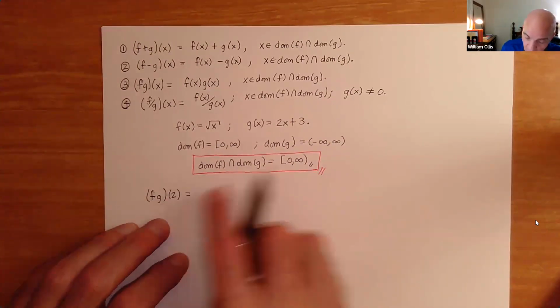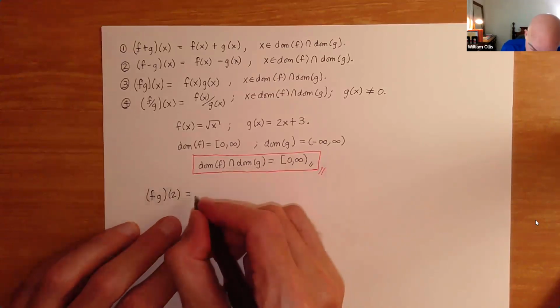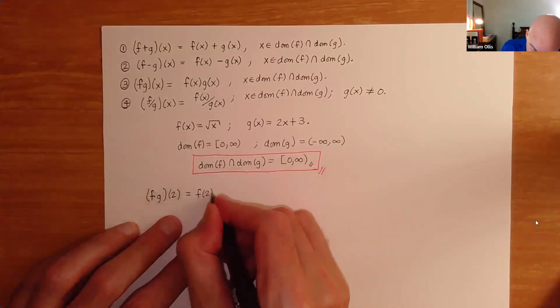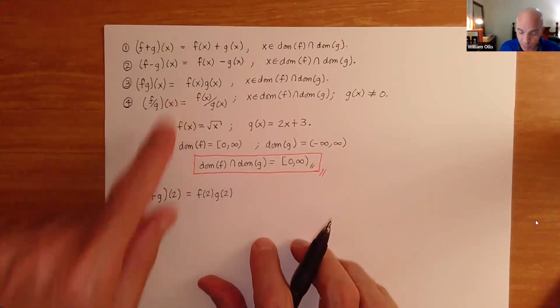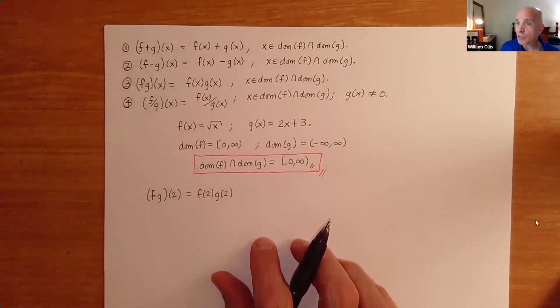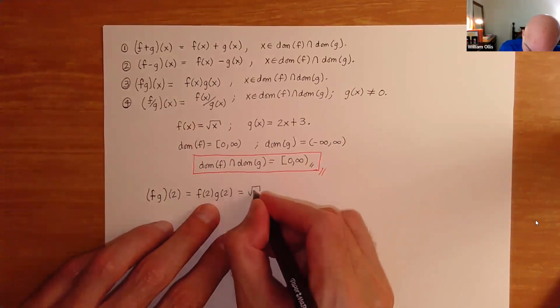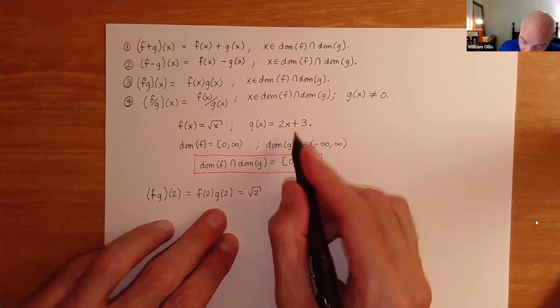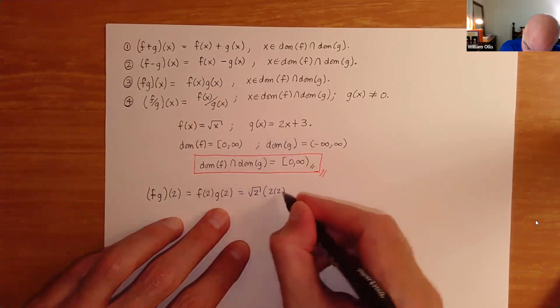First, we know that 2 is in the domain of both functions, so this makes sense. So this would be f of 2 times g of 2. That is our definition here. We have a specific value of x, or we could just write the formula. Either way is fine. And so we need f of 2, which will be the square root of 2. And then we need g of 2, which is 2 times 2 plus 3.